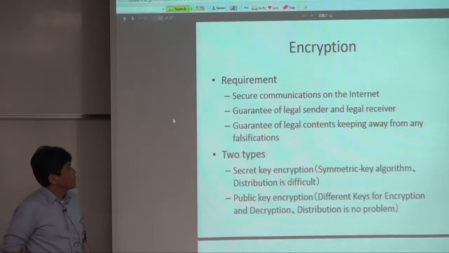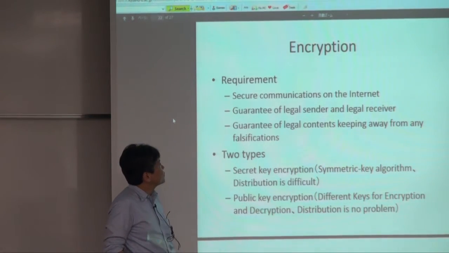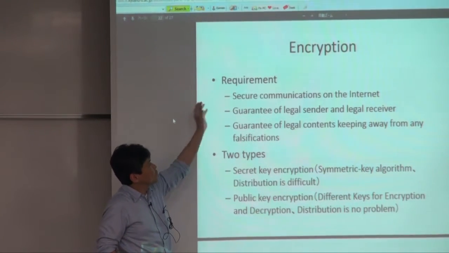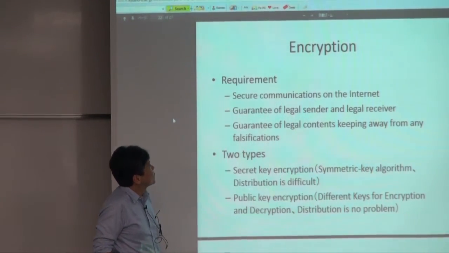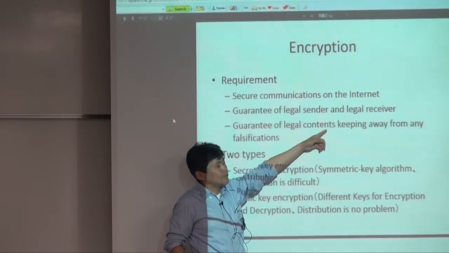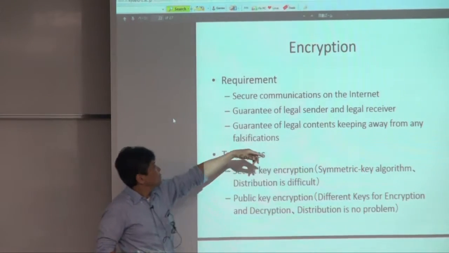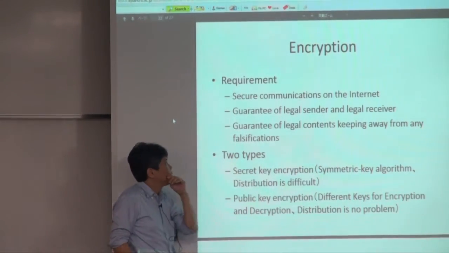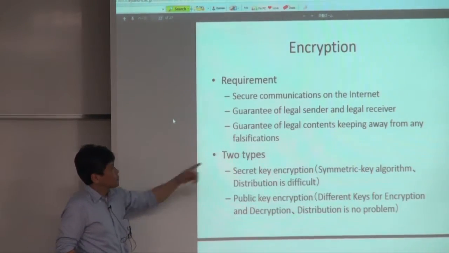So why is encryption needed? The requirements shown here are secure communication on the internet, guarantee of legal sender and legal receiver, okay, and guarantee of legal contents, keeping away from any falsification.